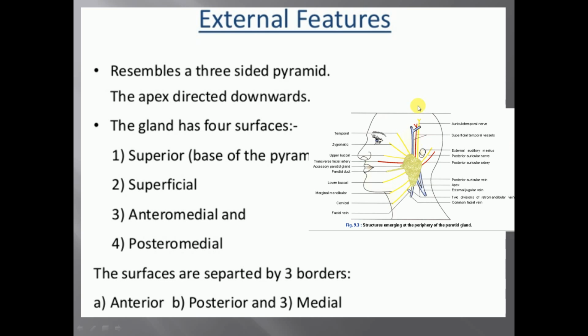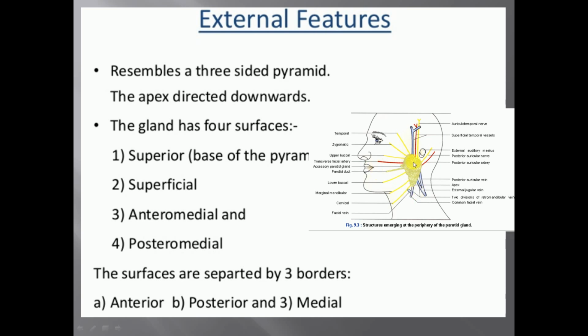This is the deep part, which is located behind the ramus of the mandible. This is the superficial part, which is located in front of the ear. So the apex is directed downwards, and it has four surfaces and the base of the pyramid.